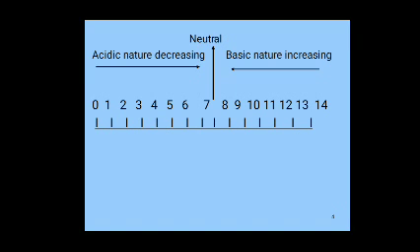For pH values between 0 and 7, the solution nature is acidic. The acidic nature decreases from 0 to 7: as the pH value increases, the acidic nature decreases.